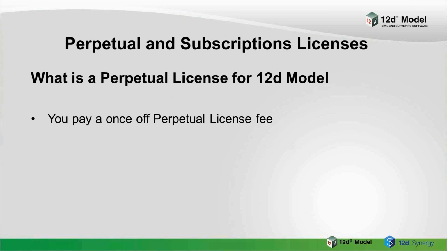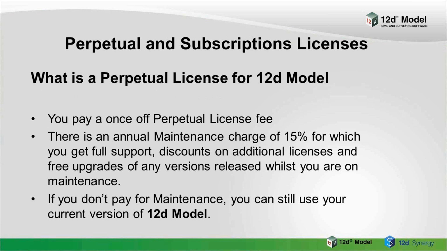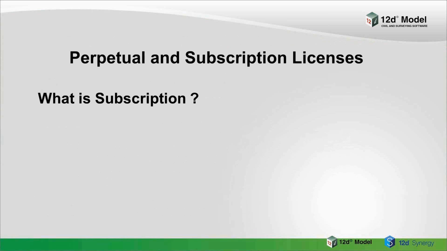You pay a once-off Perpetual license fee, and then there's an annual maintenance fee charge of 15%, and for that you get full support, discounts on additional licenses and free upgrades that are released whilst you're on maintenance. If you don't pay for your maintenance, you can still use your current version of 12D Model.